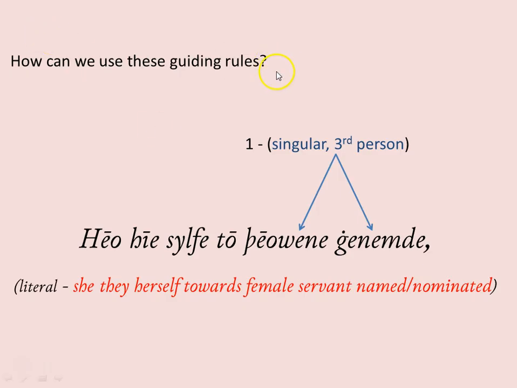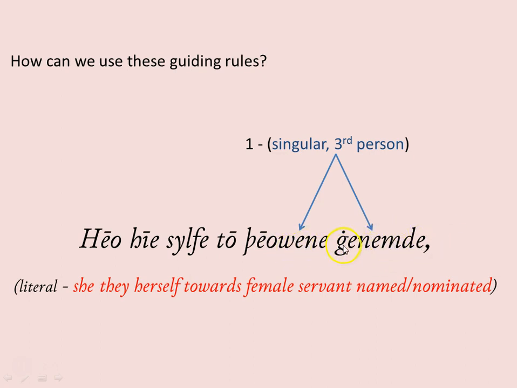So how can we use these guiding rules? Well, let's have a look here. Theowena, well, that looks like the noun, and it is. Singular, third person noun. And that grammatically agrees with, or there's concordance with, genemde. Now, genemde means named. So, servant, girl, named.